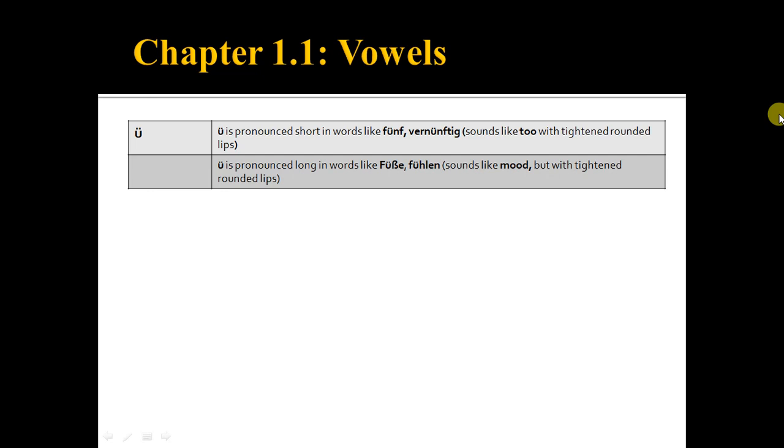Again, this sound is pronounced a little longer in Füße, fühlen. A similar word you can practice with is mood, but make your lips a little rounded: mood, Füße, fühlen. This way you can practice.